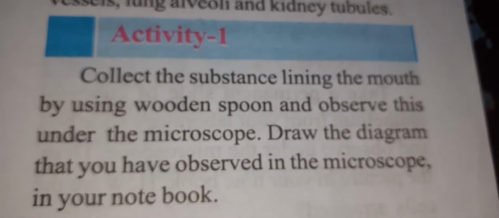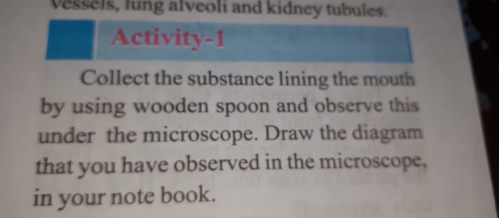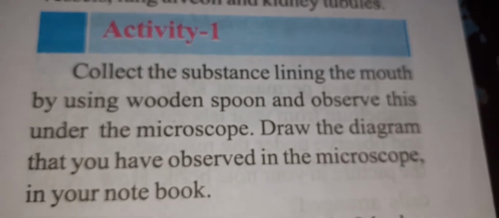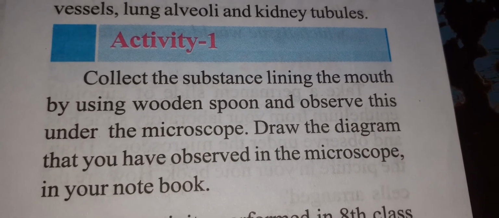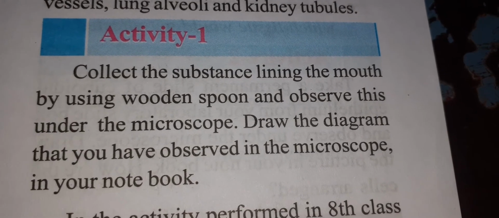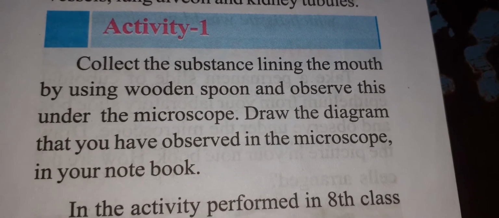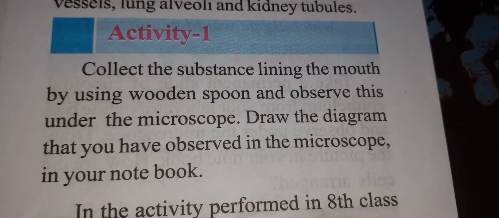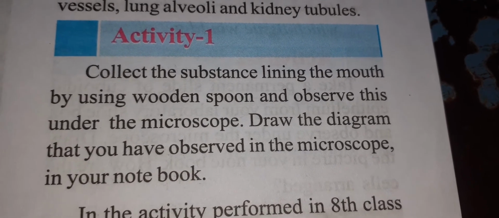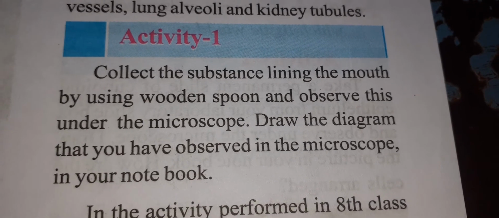So now we will start our activity 1. Collect the substance lining the mouth using a wooden spoon and observe it under the microscope. Like in the earlier activity in 8th class, you will see cheek cells.